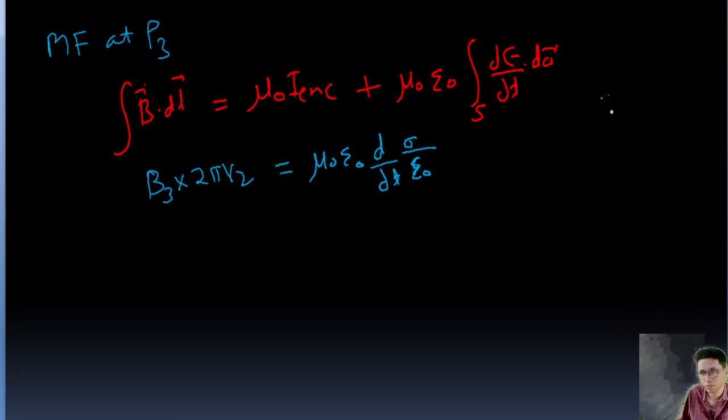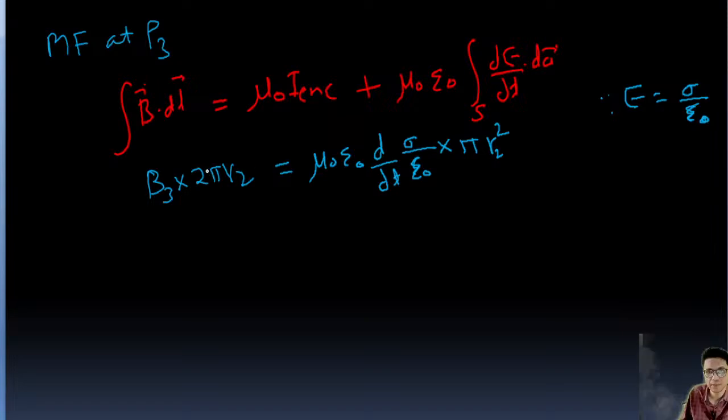So since we know here E equals sigma upon epsilon 0, okay, sigma upon epsilon 0 into the surface integral dA, which means pi r2 square, okay.